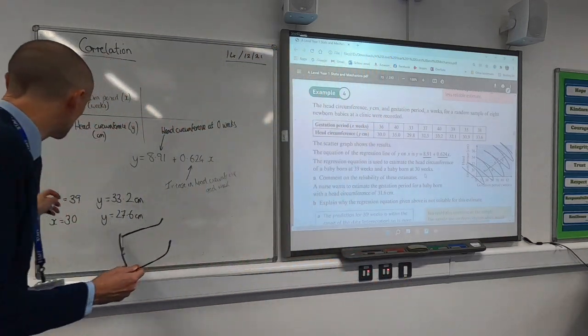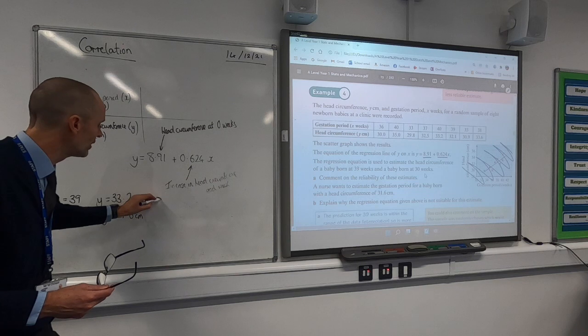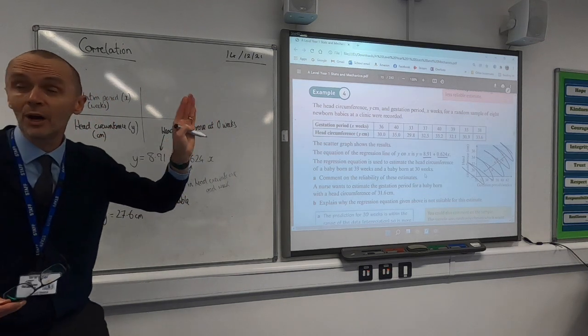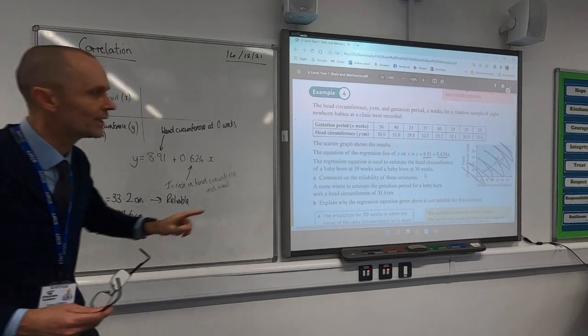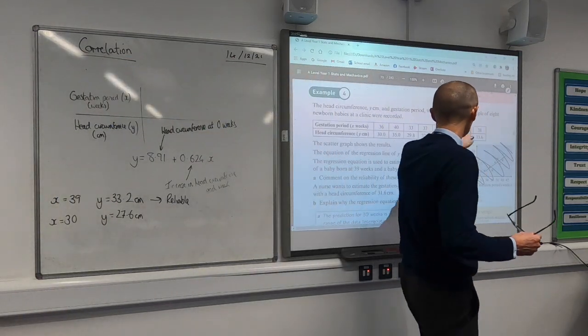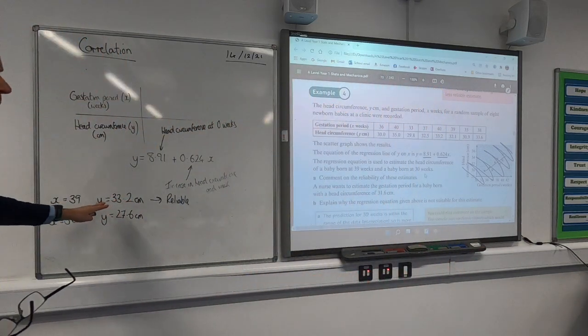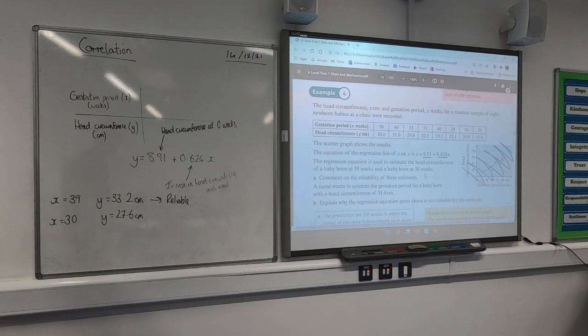So this prediction, 39 weeks, is a reliable prediction because it's slap bang in the middle of our data. And we've even got a value for 39 weeks, which would be slightly different to this because obviously lines of best fit don't go through all the points.